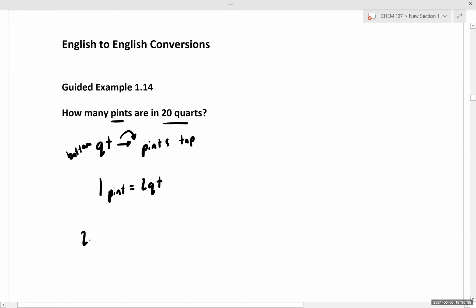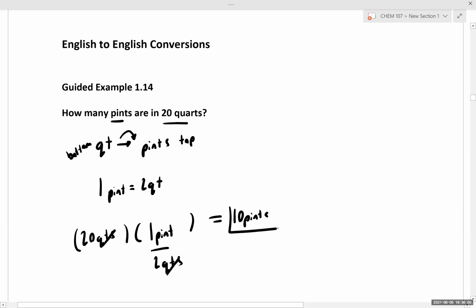So then starting with 20 quarts, if we want to convert from quarts to pints, we know that we have 1 pint for every 2 quarts. Quarts cancel, and we're left with units of pints. So we have 10 pints in 20 quarts.